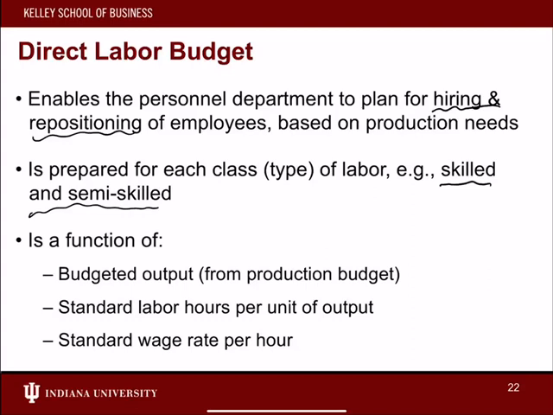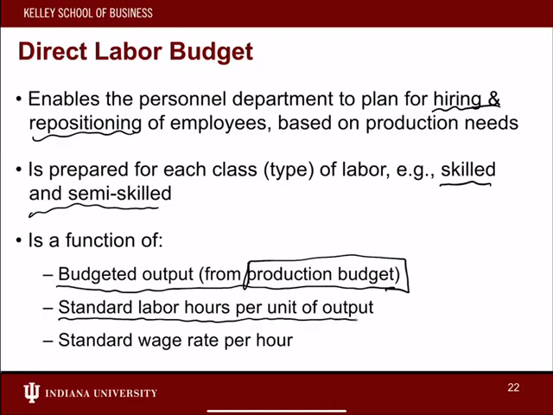And really, it's a function of your budgeted output. So again, you're using that production budget to say, we know that we need to produce 1 million units this year. Okay, how many labor hours do we need to manage that large production? So it'll be your budgeted output, your standard labor hours per unit of output, and then obviously the wage we're going to pay them.